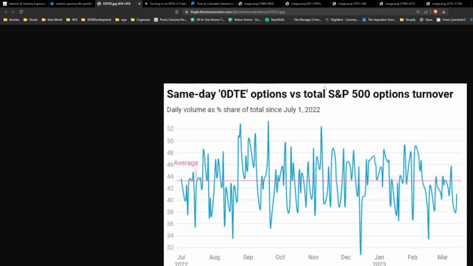So they're trying to play a lot more of the call-sided option strategies in order to take advantage of the interest rates rising.